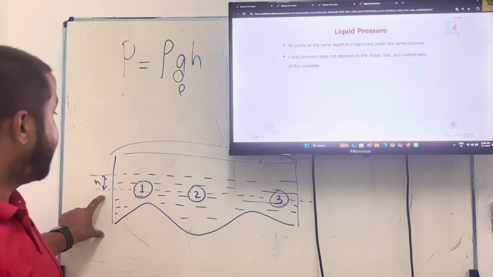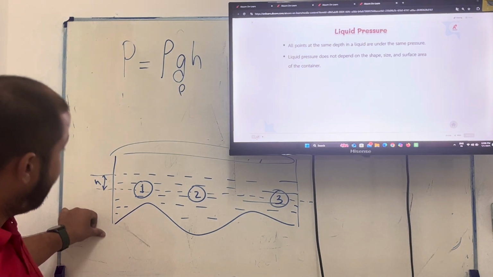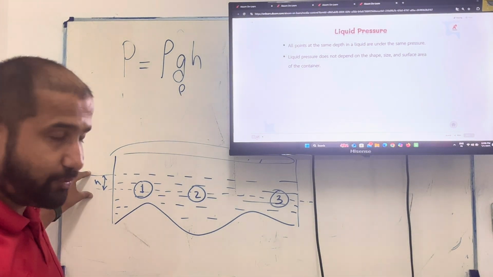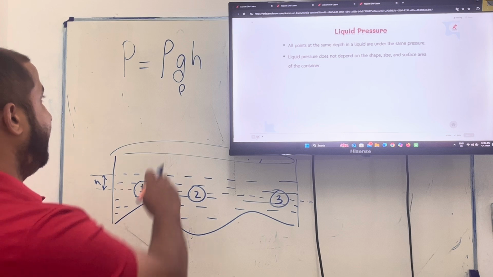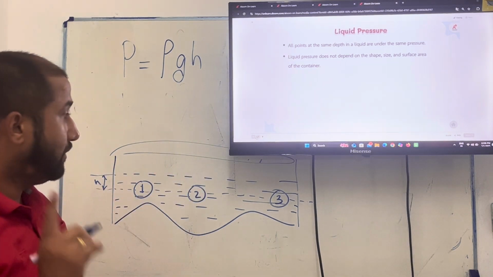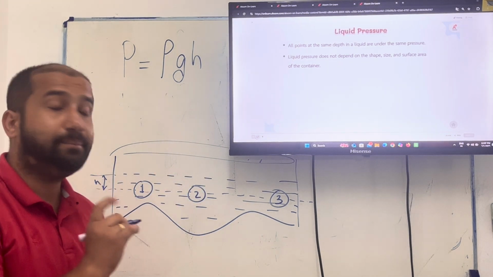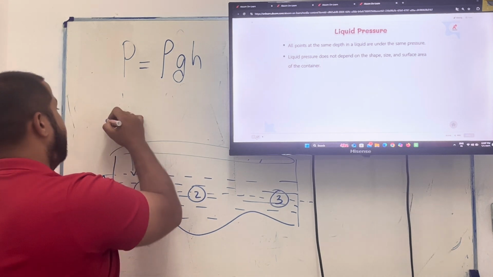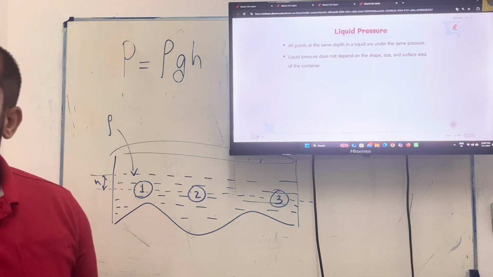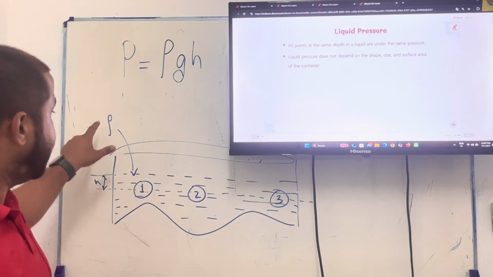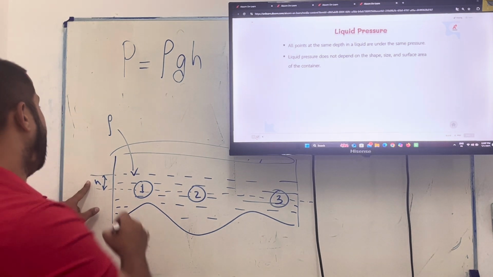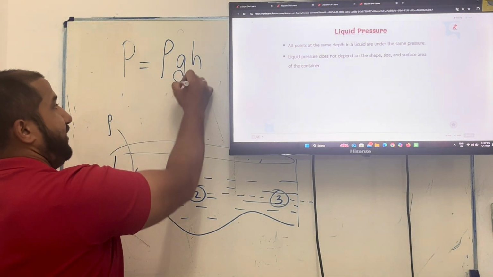We do not measure the depth from below. It is always from above. So depth is the same. Another thing, it is the same liquid. That means the density is the same. When density is the same and depth is the same, we also have gravity.